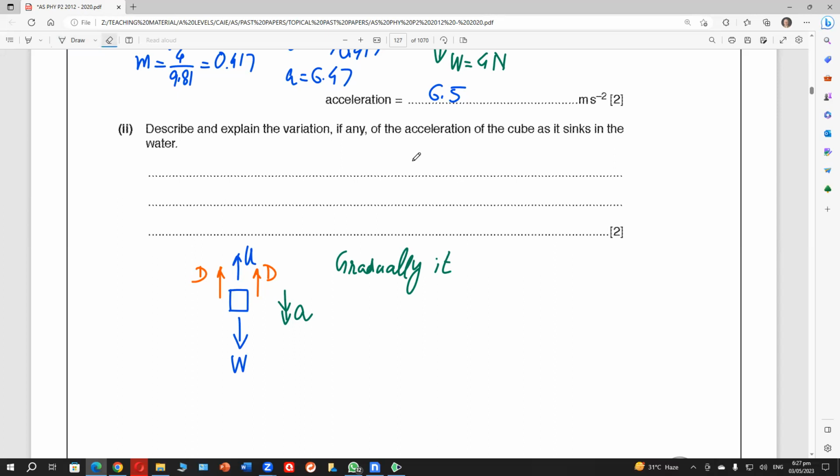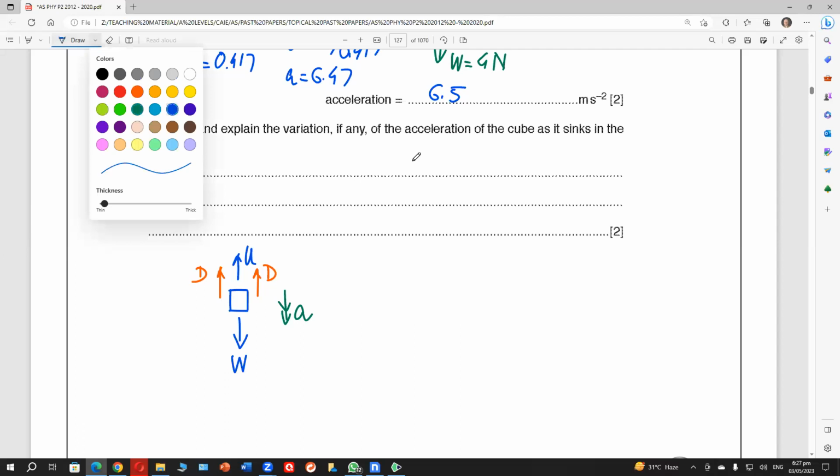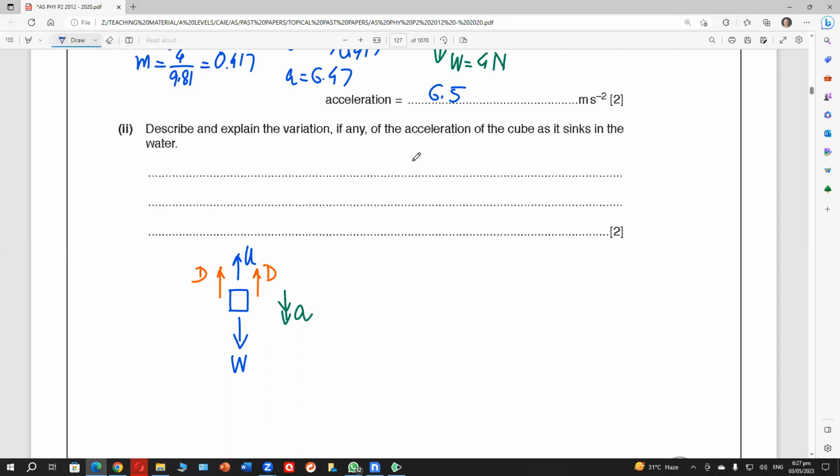So now you have to tell me, if you remember the famous concept, the idea of terminal velocity, what will happen as it goes down. Initially, the acceleration will be more, but as it keeps going down, the upward force will become equal to the downward force. As velocity increases, drag force increases. What do you think about upthrust? Will it remain constant?